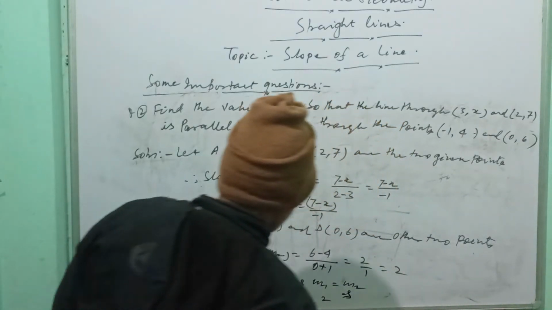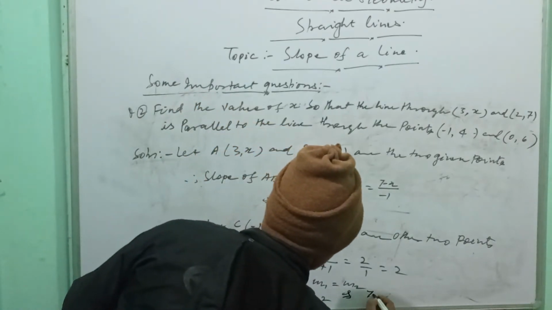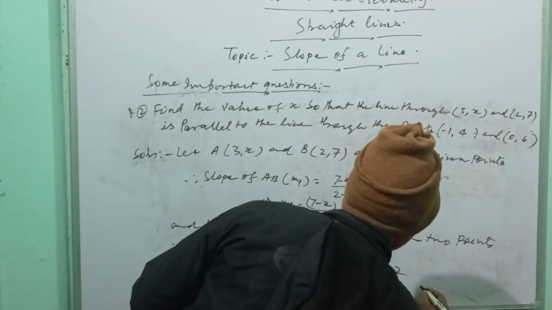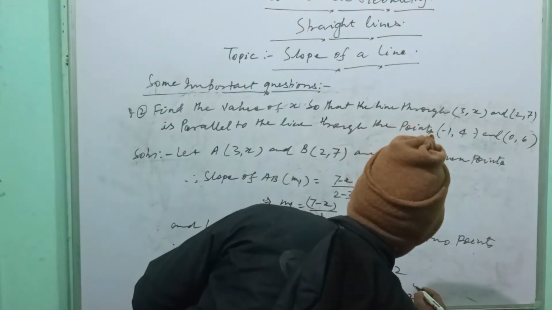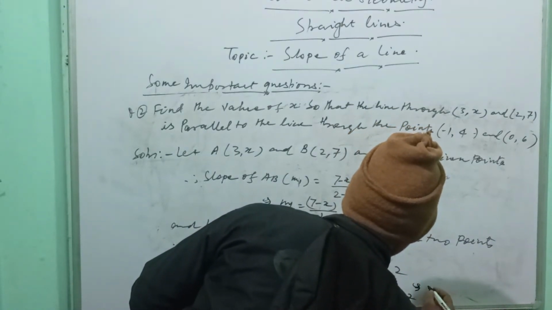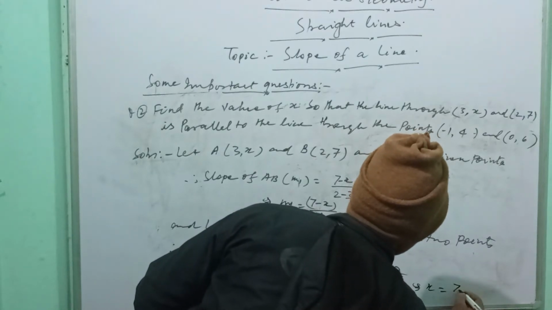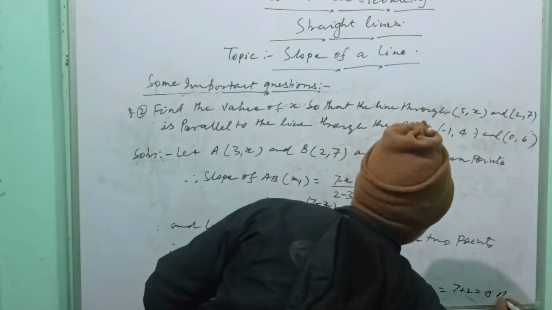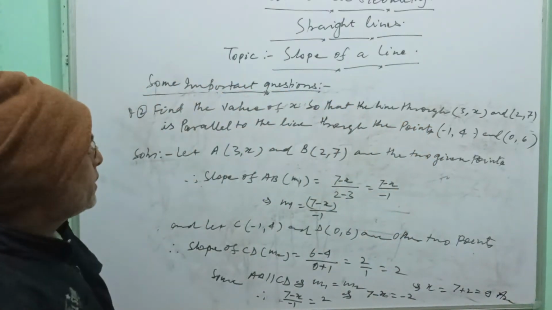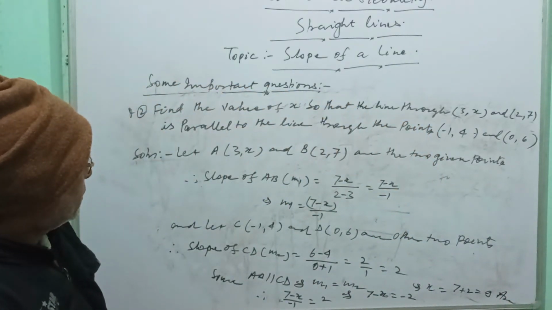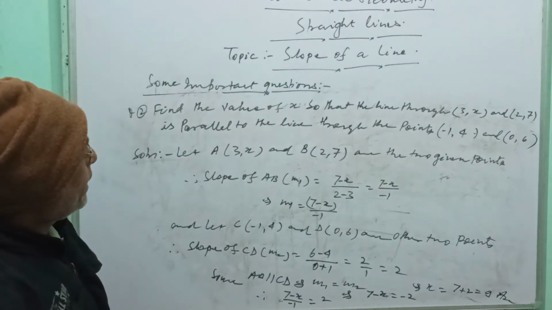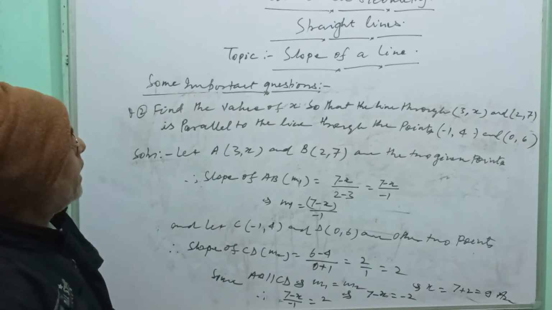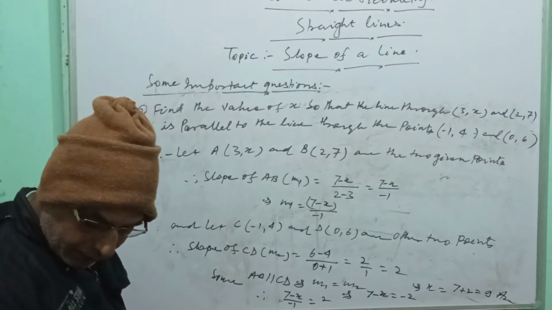This implies 7 minus x is equal to minus 2. This implies x is equal to 7 plus 2, is equal to 9. Answer. In this way, we have found out the value of x for the two lines which are parallel to each other.